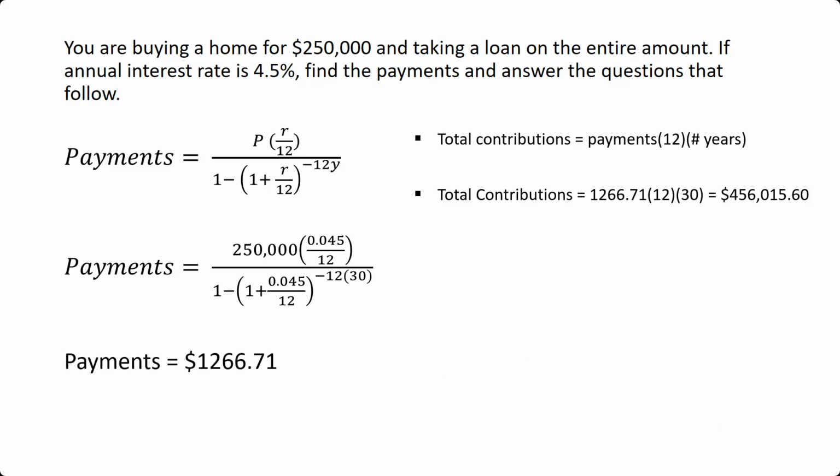So the total amount this person's paying for the house is $456,000. Any questions on that? To find the interest that was paid, just take that total contribution, the $456,000, and subtract the loan.